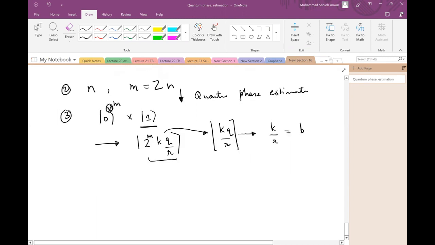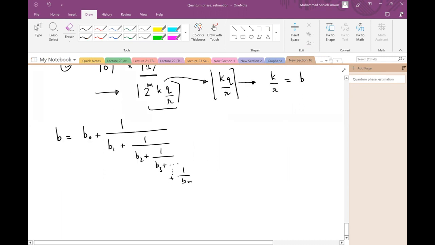And this b will then be expressed as a continued fraction in this form, b0 plus 1 over b1 plus 1 over b2 plus 1 over b3 all the way up to 1 over bn. And then what we aim to do is we would like to find the convergents of b.